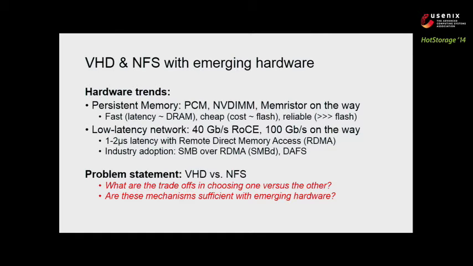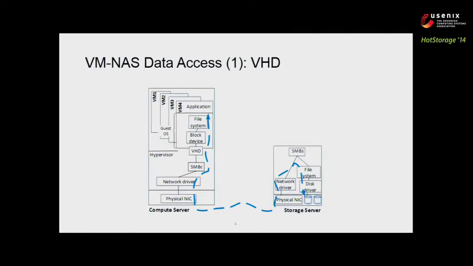So for that, let's have a look in more detail at what happens when files are accessed with these mechanisms. For practical reasons, we give an example with a Windows stack, running Hyper-V and an SMB client and server. For a VHD, the mechanism is totally transparent to the application.